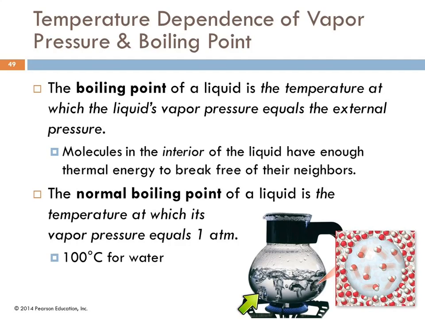What's happening here, and the reason we get these big bubbles forming, is that now pretty much all the molecules have enough energy to break loose, even the ones in the middle. And so they will actually form bubbles of gas within the liquid. Those, of course, have a lower density than the liquid around them, and so they'll rise up and escape that way.